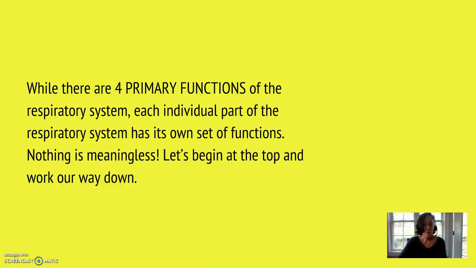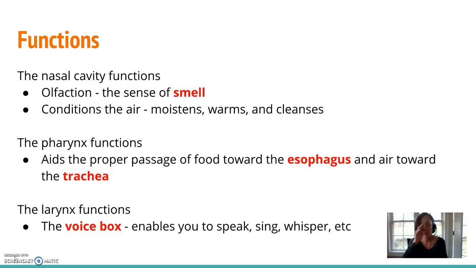Those 4 primary functions that we mentioned are really important, but every single part of the respiratory system has its own functions. Nothing is meaningless, so we're going to start at the top and we're going to work our way down through all of these. So the nasal cavity's primary function is the sense of smell, which is called olfaction. But another function of your nasal cavity is to help moisten, warm, and clean the air that comes into your body.